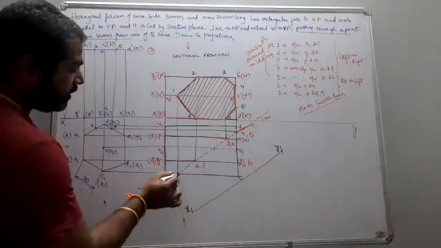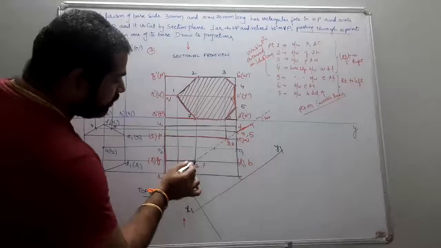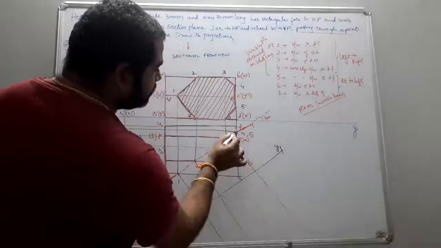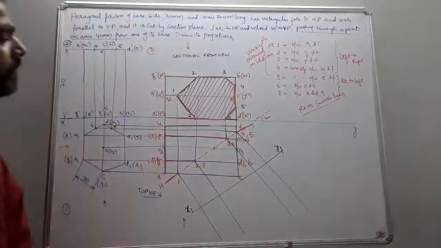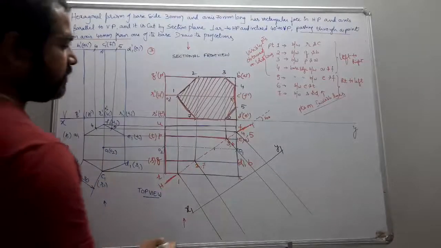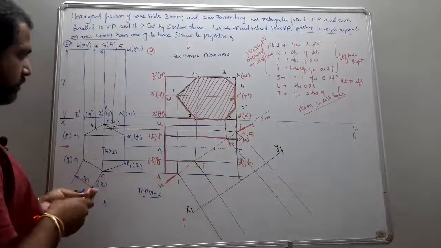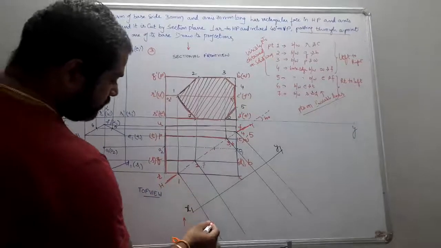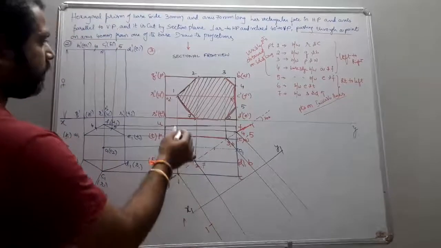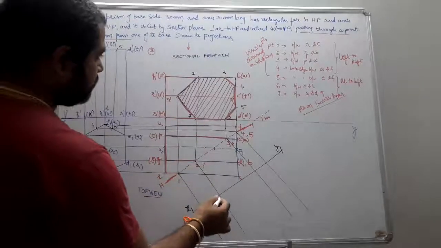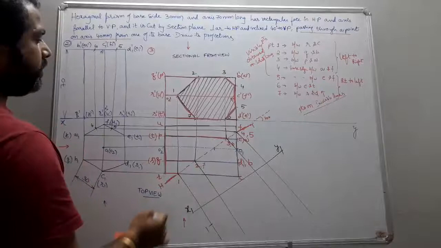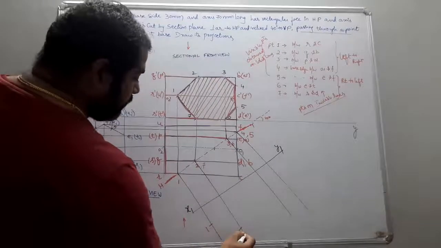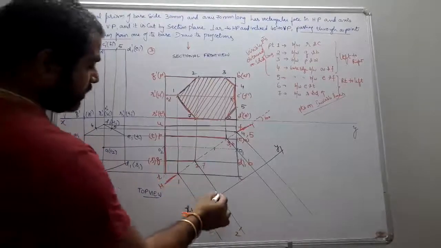Now draw the perpendicular projectors from all the points and place it from the new reference line. So 1 point, this is your 1. Next, this was 2. 2 point is going to be, and 7 point is on XY.